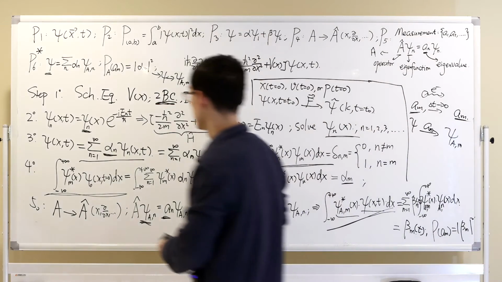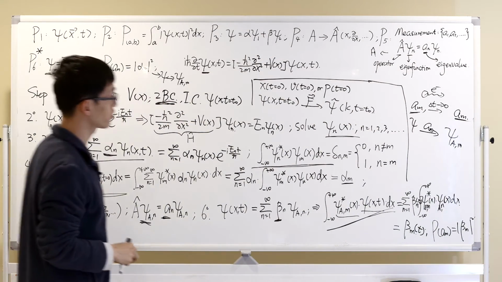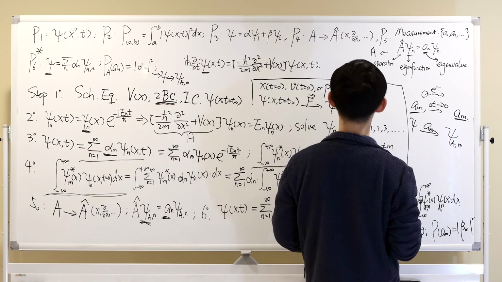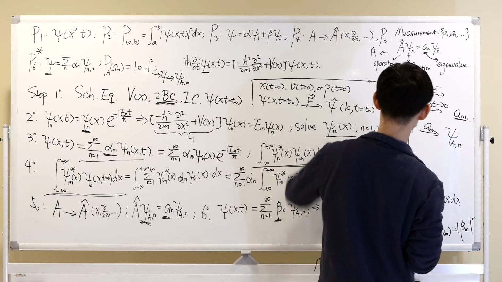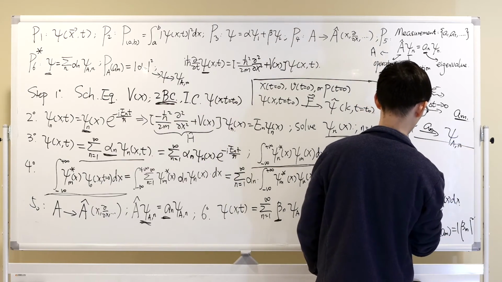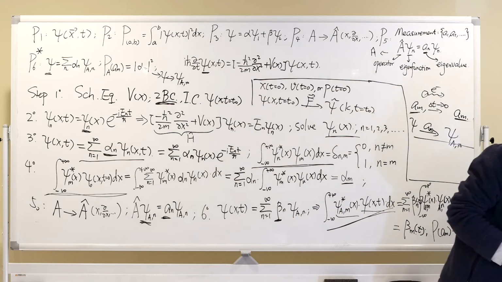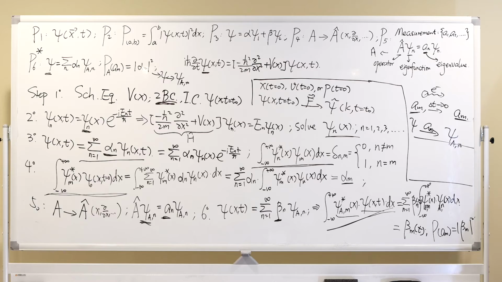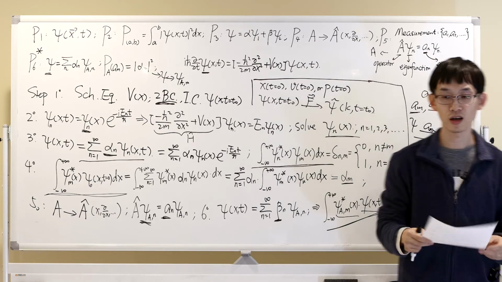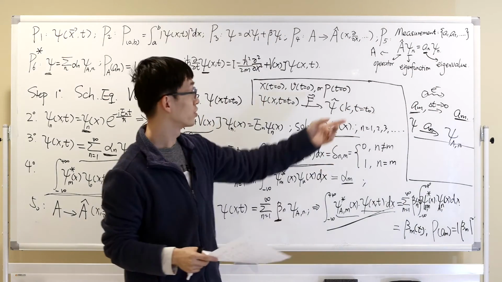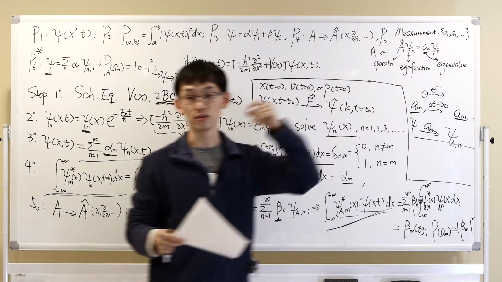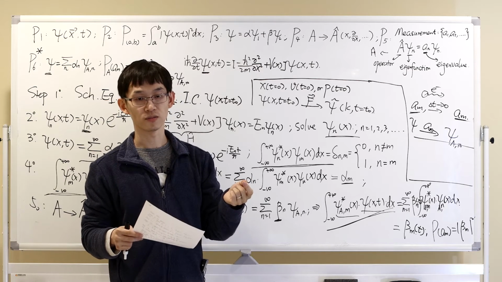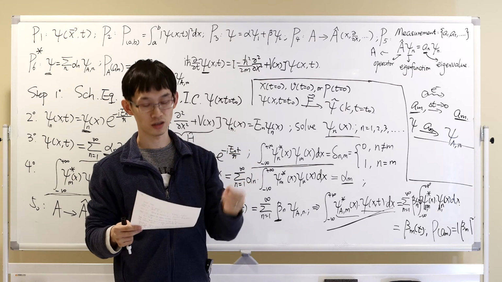And then there's one final step. In some cases we're not interested in measuring individual values here. We're only interested in measuring the average value or expected value. In a lot of measurements, this is actually the case.